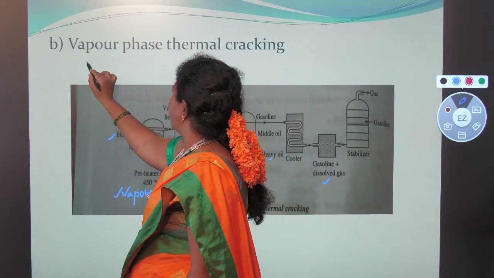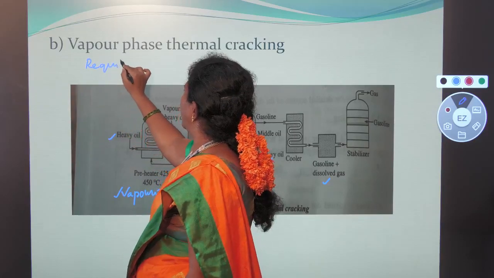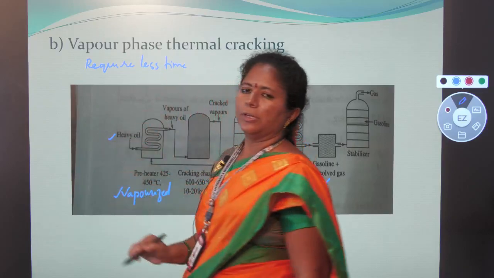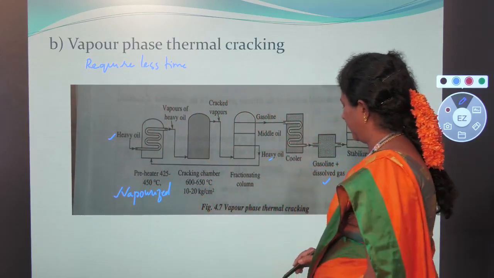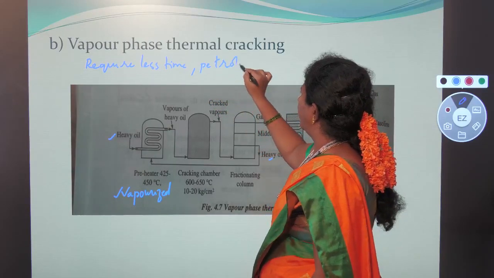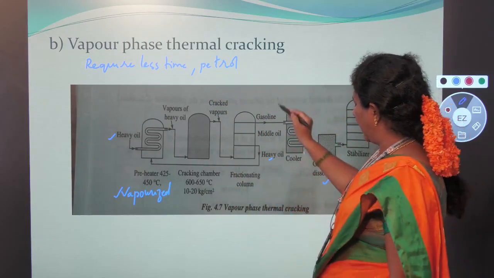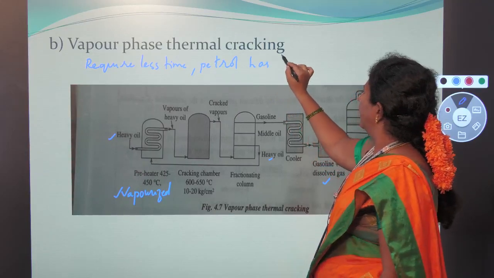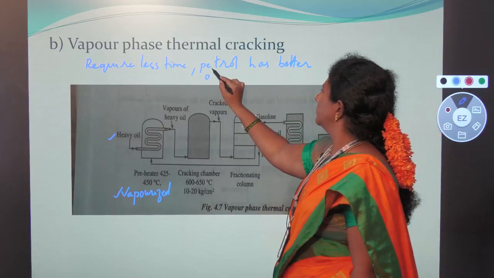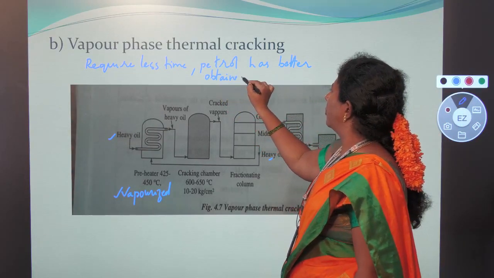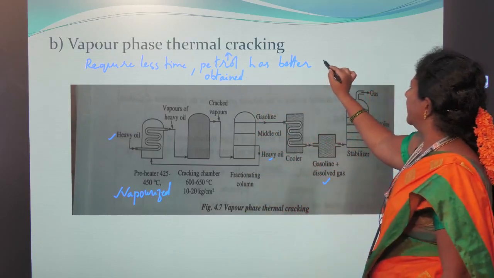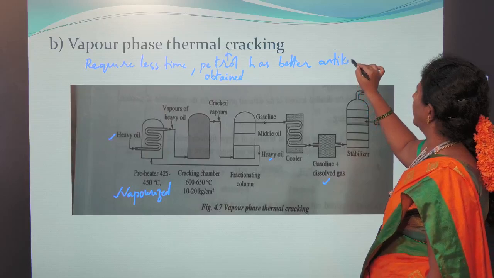Vapor phase thermal cracking requires less time compared to liquid phase thermal cracking, and the petrol obtained by vapor phase thermal cracking has better anti-knocking properties.